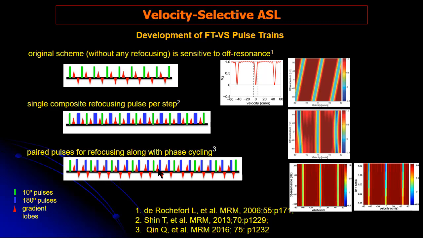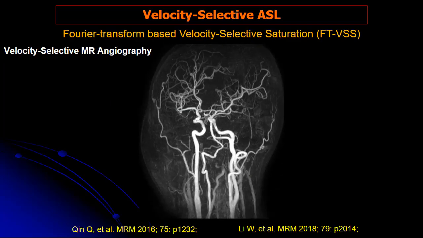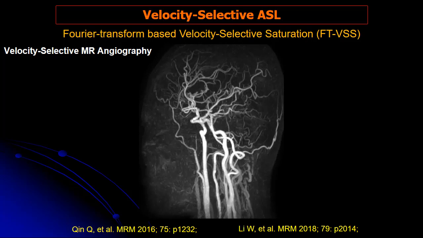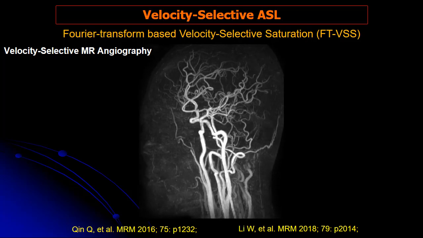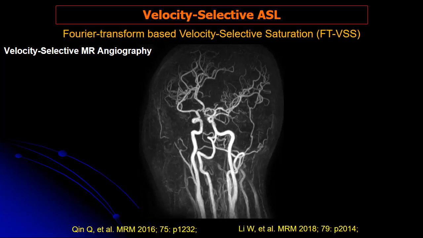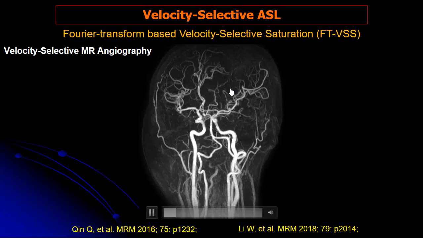But we want to recognize the effect of B1 here: this saturation band is still sensitive to the B1 effect because we are using hard pulses to encode the velocity-selective profiles. We demonstrated that this Fourier transform-based velocity saturation pulse train can very nicely show its effect on all the large vessels inside the brain.